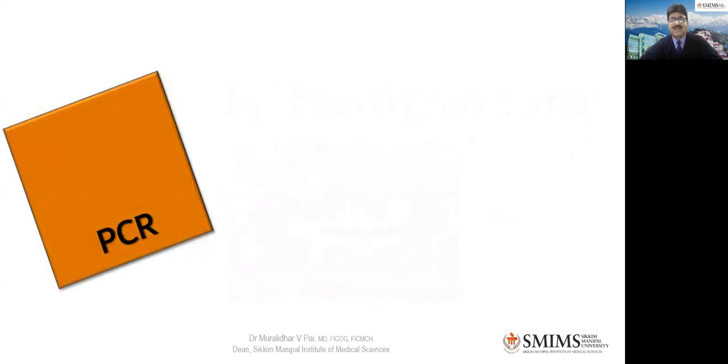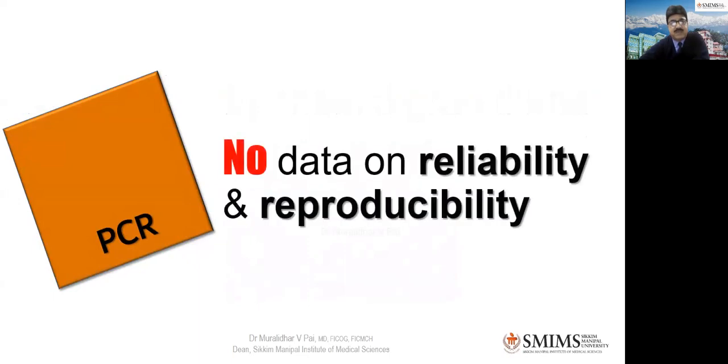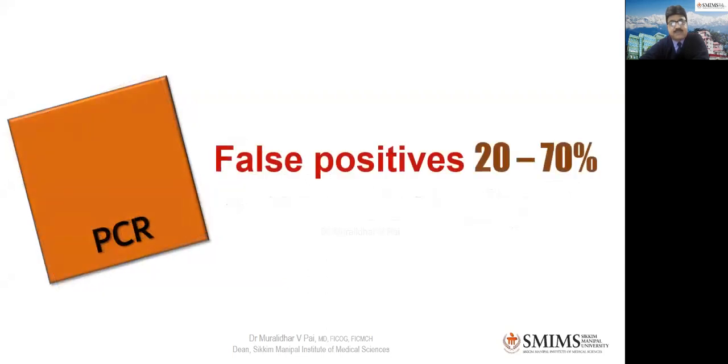PCR, I want to clarify this because many gynecologists depend upon PCR. What is the truth about PCR? No data on reliability and reproducibility. I searched high and low, superficial as well as deep. False positive rates are 20 to 70% because it can even find the dead bacilli.